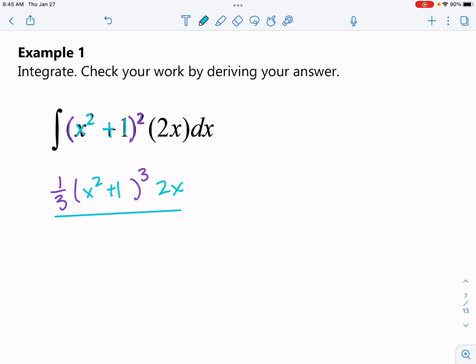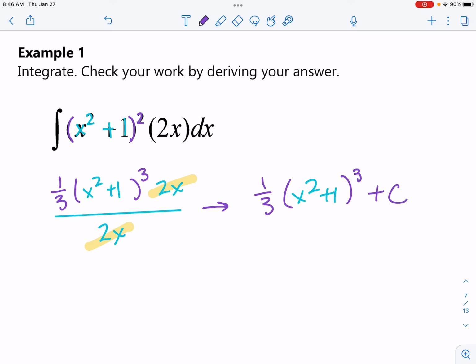Again, the inside is x squared plus 1, whose derivative is 2x. Now, remember that your g prime has to cancel with the exception of a coefficient. But today, all of g prime is going to cancel really nicely. Okay, so yes, those do indeed cancel. So final answer is 1/3 times the quantity x squared plus 1, and that whole quantity to the 3rd power.